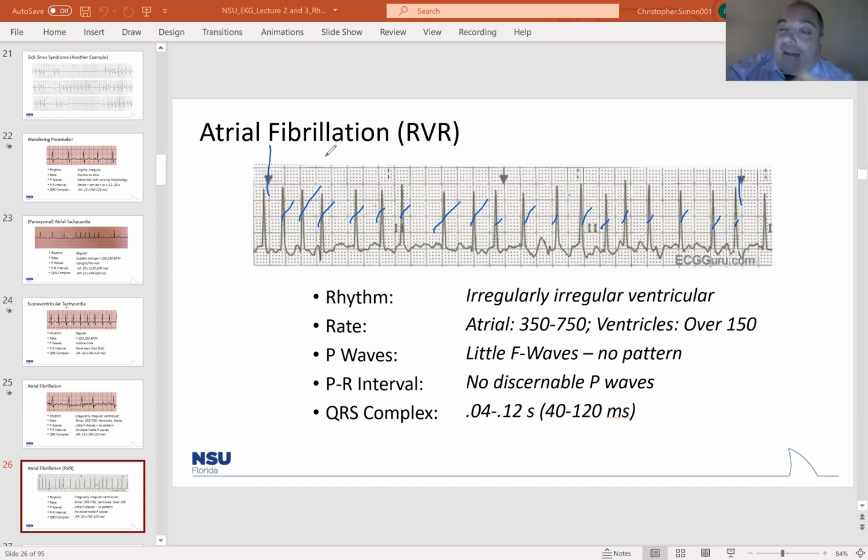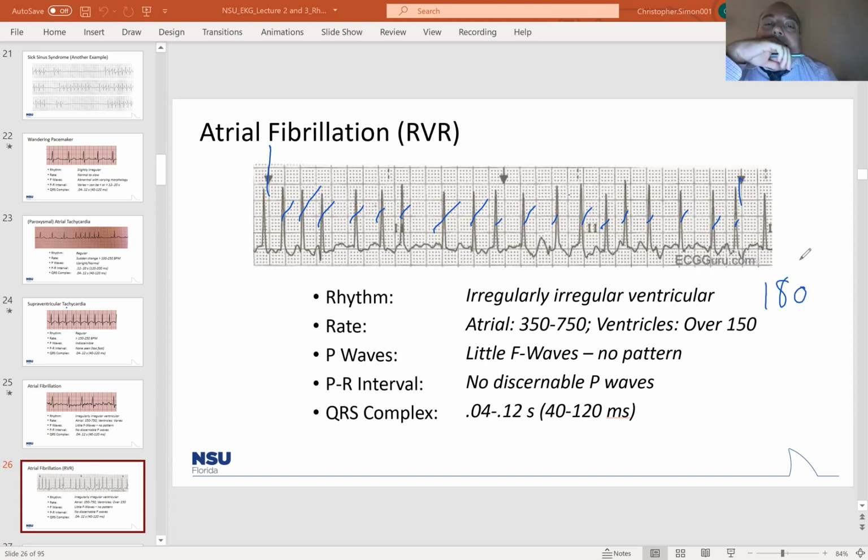We got 18 and almost 19, but it's technically outside of the little hash mark here. Honestly, it's not going to change too much. So 18 times 10, because we're doing a 6-second strip method, is 180. So this heart rate is about 180. If you added that extra one, it's right on the hash, so it'd be 180, 190, but we don't need to split hairs. We got a rate of about 180.